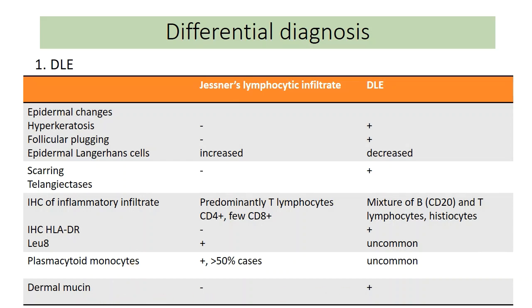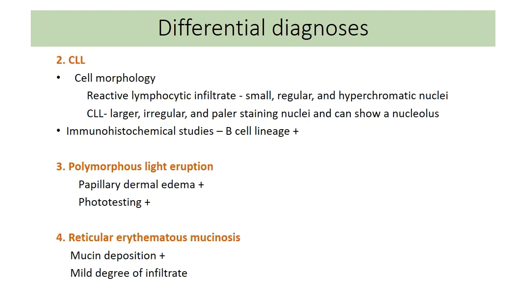The other differential diagnoses are CLL. It will be differentiated by the cell morphology and the immunohistochemical studies. The reactive lymphocytes will show small, regular, and hyperchromatic nuclei, whereas in CLL, the neoplastic lymphoid cells are larger, irregular, and pale staining nuclei.